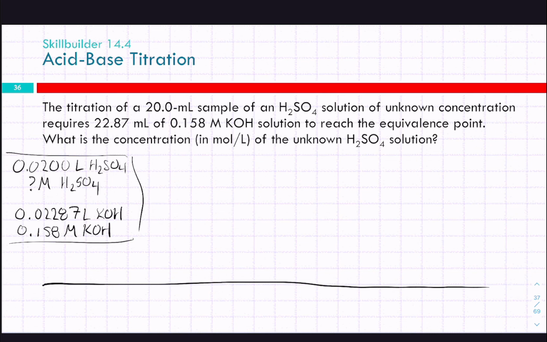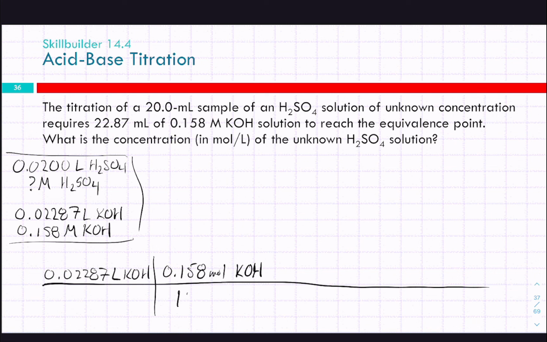So for almost every problem, you're going to start with the thing that's not a conversion factor. So we're going to start with the 0.02287 liters KOH, and we want to convert that into moles, right? We need to know how many moles of hydroxide there are. So that's going to be 0.158 molar KOH.